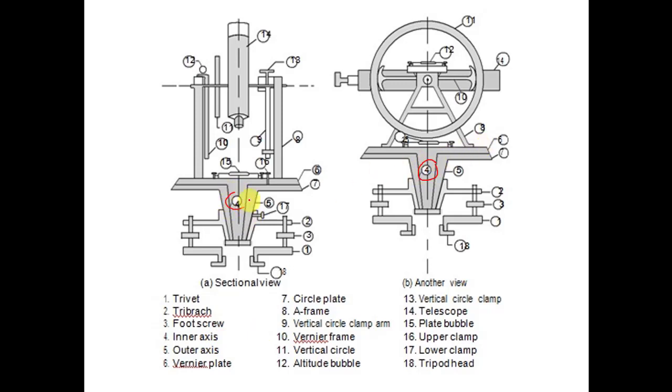This is the same figure, but it is a section view, which you will see in a real theodolite. A section means you cut the theodolite and then elaborate all the parts. So you can see that this 4 is your inner axis.